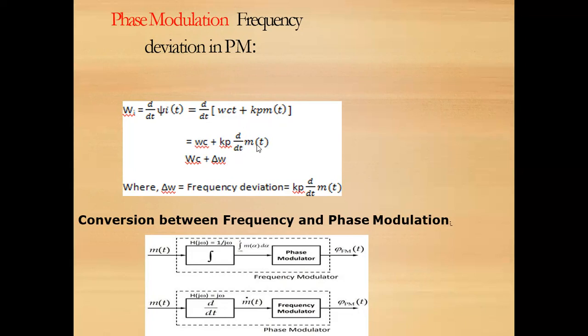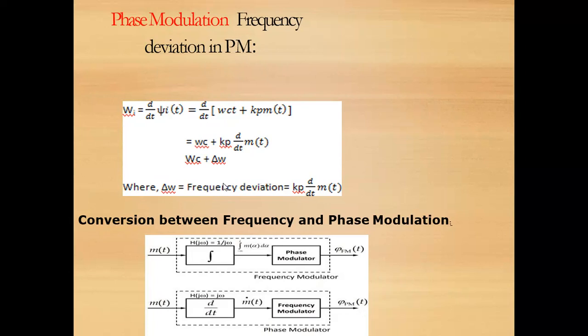We all know that this term, kp into the derivative of m of t, is nothing but delta omega. So omega c plus delta omega, where delta omega is the frequency deviation, equals kp into d by dt of m of t.